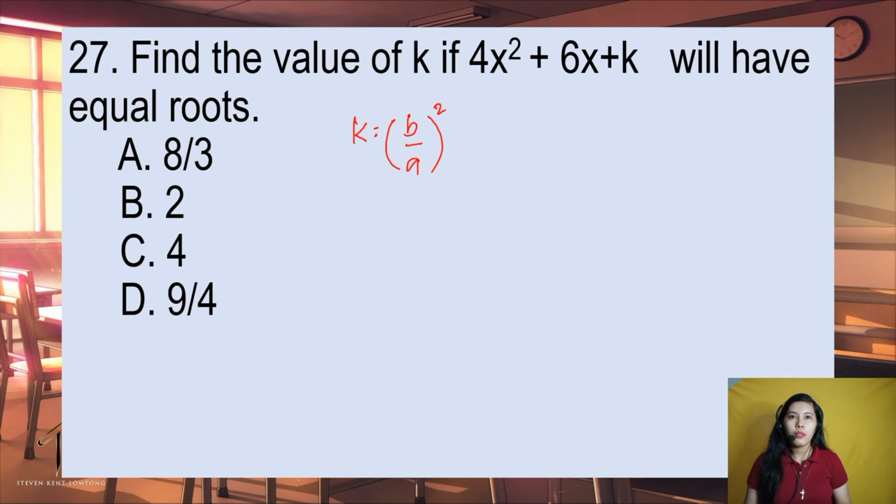So, yung b natin dito, that is 6 over 4, then squared. So, 6 over 4 can be simplified as 3 over 2. Square natin, that's also equal to 9 over 4.